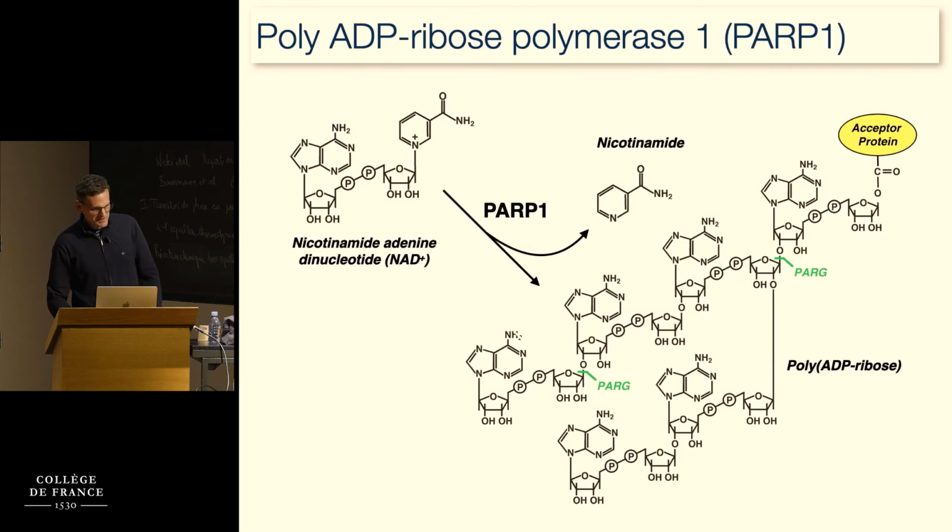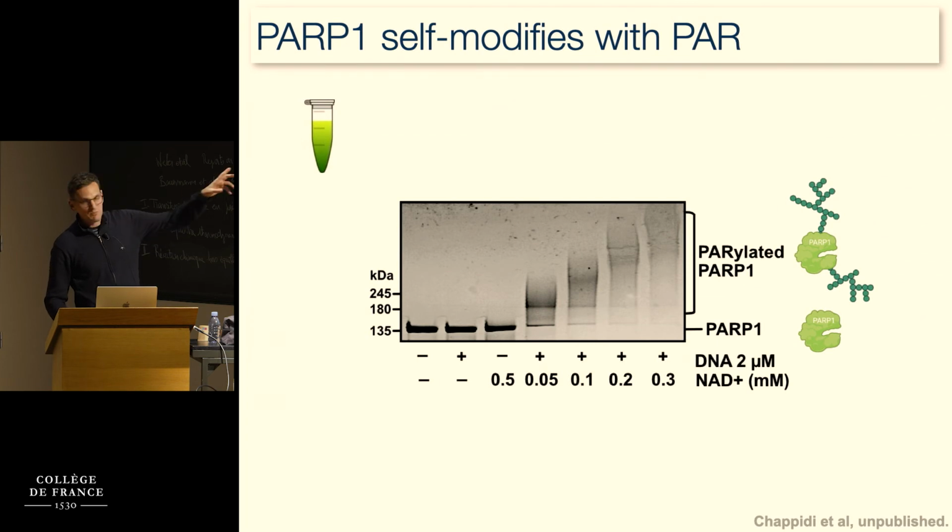PAR polymerase takes this compound here, NAD+, and turns it into these branched polymers. And these polymers can get super long. It just puts them on proteins, and everything around it gets these polymers added. You can also do this in the test tube. You can purify PAR polymerase, and then you add NAD+, and you add DNA, because it has to bind to the double-strand break.